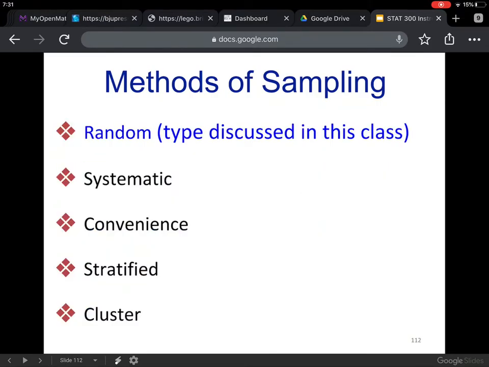The ideal one, and the one that we're going to assume for the rest of this class, is random sampling. This is the type that's discussed for most of the exercises we're going to do. But I want to make sure you're aware that there are other ways of sampling, namely systematic, convenience, stratified, and cluster sampling.